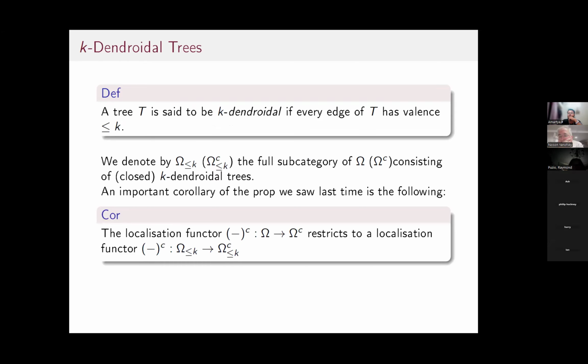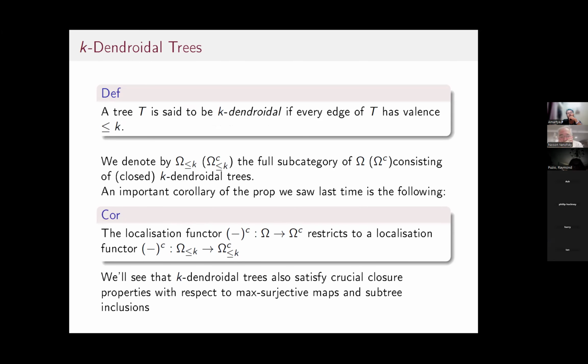This is something that pops up later. So you have this localization functor, which restricts to a localization on the full subcategory of these k-dendroidal objects. Right.